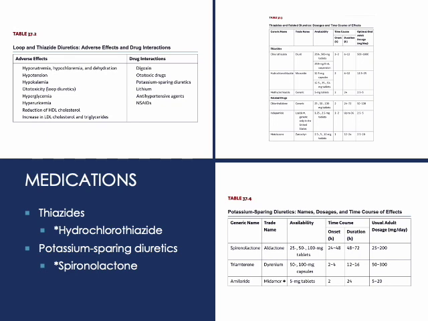Well, why would we use a hydrochlorothiazide or a thiazide? We use it primarily for edema or essential hypertension. And with essential hypertension, especially with the newly diagnosed hypertensive patient, hydrochlorothiazide is a first-line treatment. We usually start at 12.5 milligrams, and we can increase to 25 to 50 milligrams if that's not working.